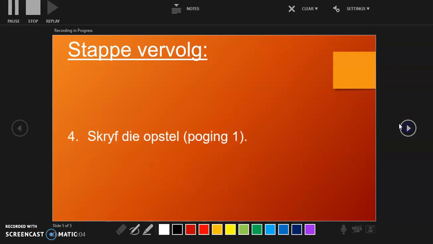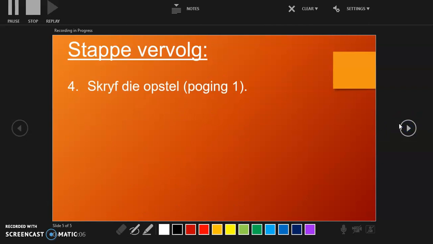At number 4, let's read, skryf die opstel, poging 1. Now, with all the information that you wrote on your bridge map, you will actually write your essay. So you will take a piece of paper and copy the information that you have written on the bridge map, and then you will write an essay.